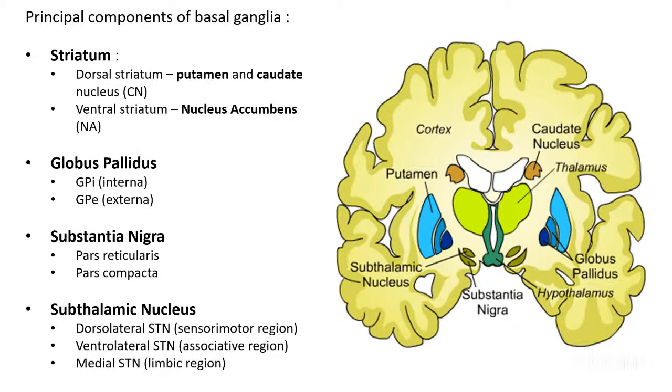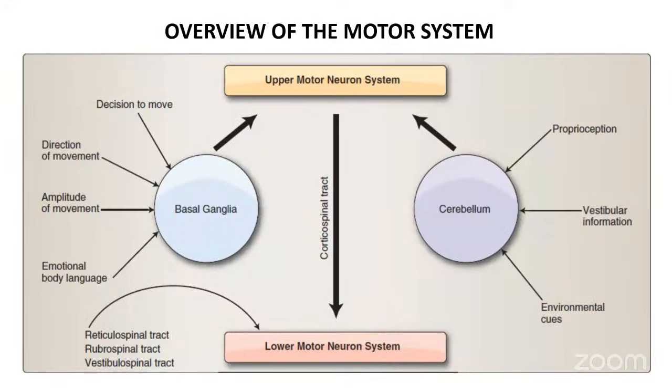Substantia nigra also has two parts: pars reticulata and pars compacta. Pars reticulata has more function in the pathways of the basal ganglia. Then the subthalamic nucleus is also a part of the basal ganglia connections.